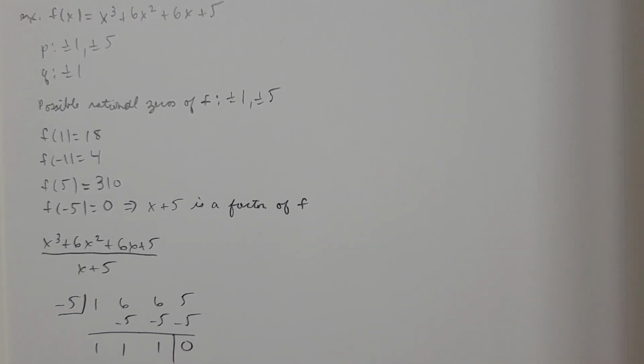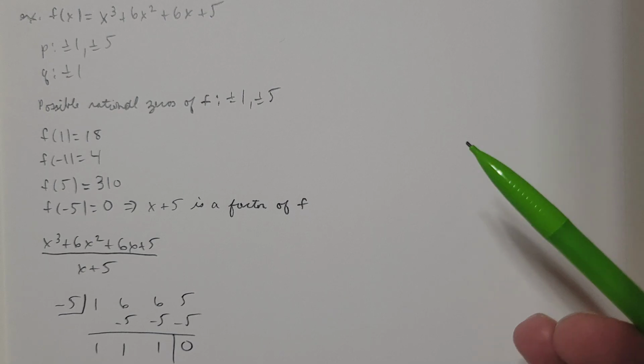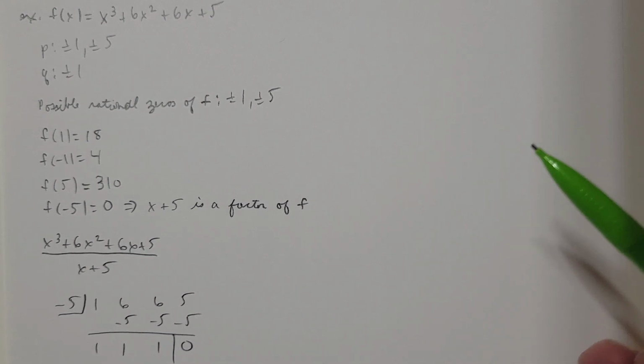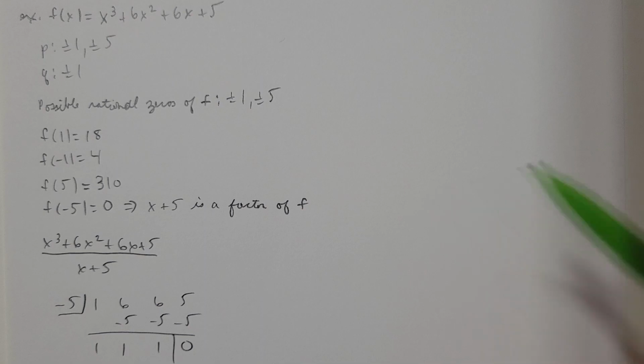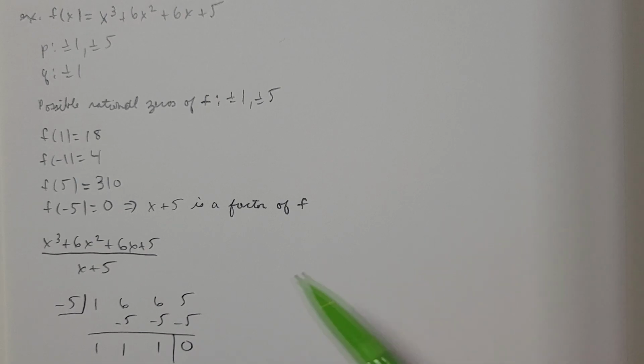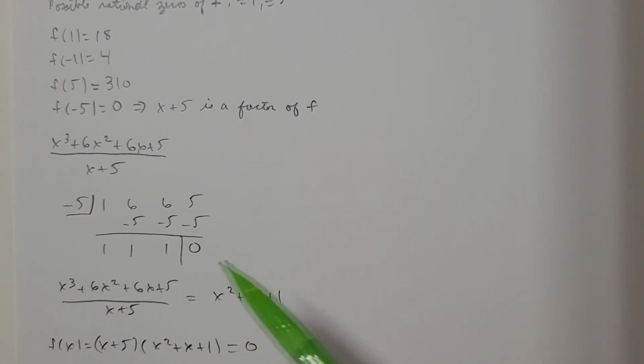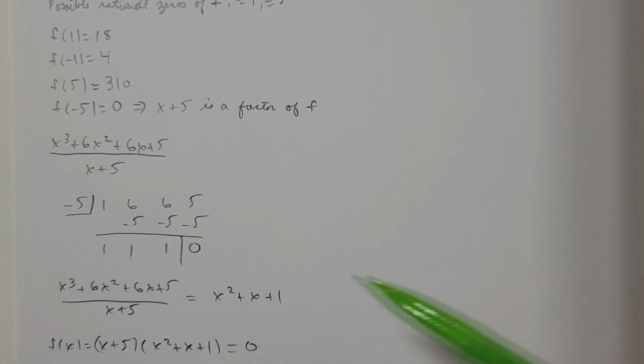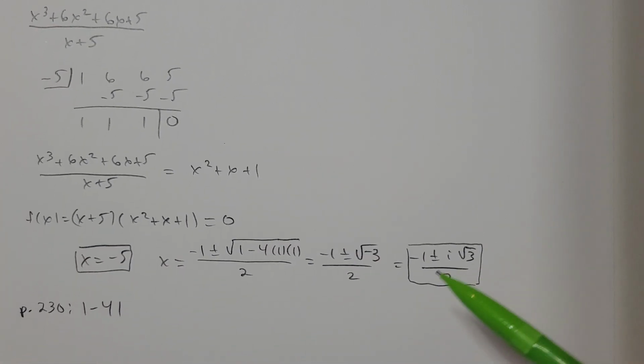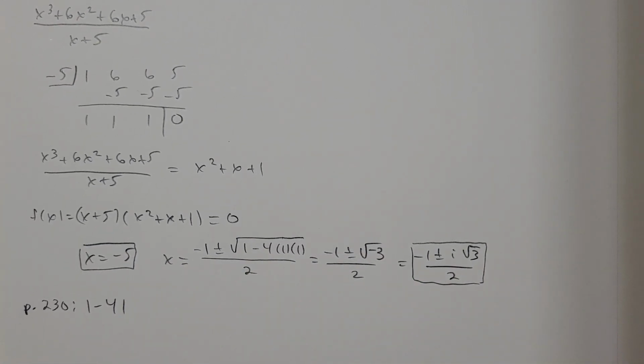That would be a waste of time. And how do I know that these numbers are not zeros? I could guess and check and find nothing. You use the method that we had talked about earlier here to get the remaining zeros.